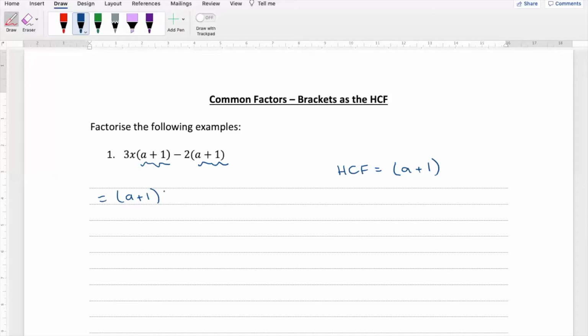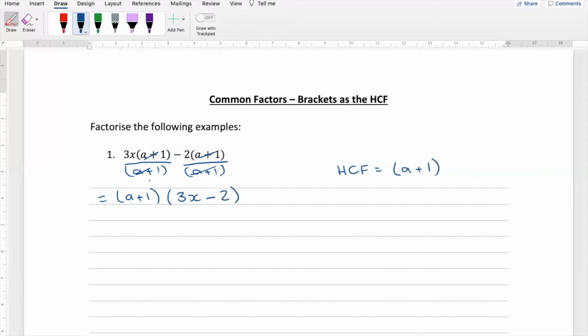And then again, just like before, once we've taken out our common factor, we're going to open up a bracket. Now, if I divide this first term here by (a + 1), it's going to cancel out, and I'm going to be just left with 3x. And if I divide this term here by (a + 1), they'll also cancel out, and I'll just be left with minus 2.